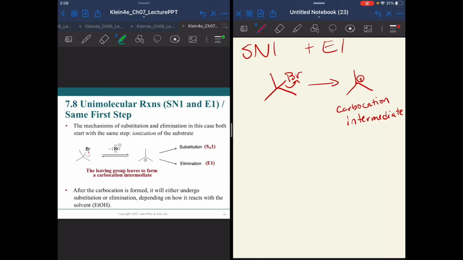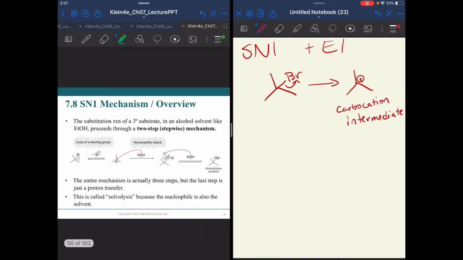Now from here, you can go on to substitution and elimination, but this first step is the rate determining step, and notice only one molecule is involved, right? That's where you get the SN1 and E1 identifiers. All right, so let's continue forward.